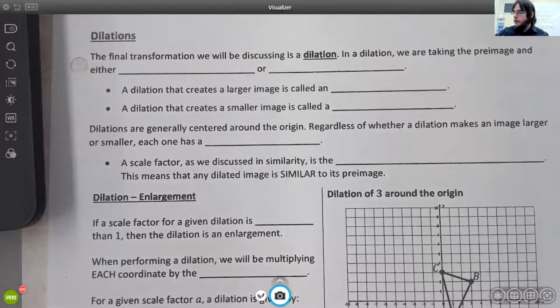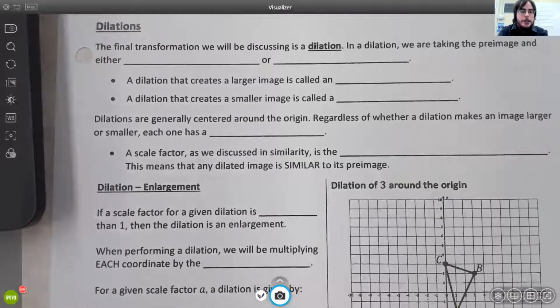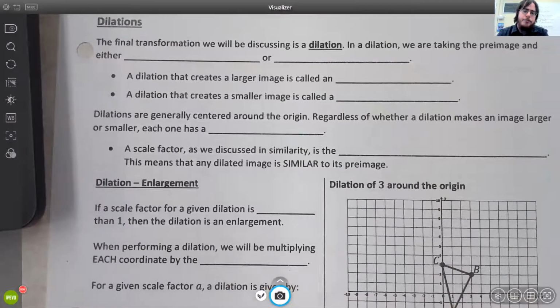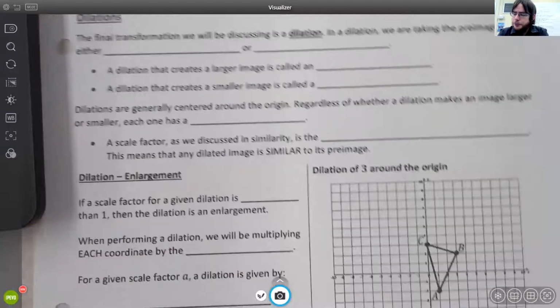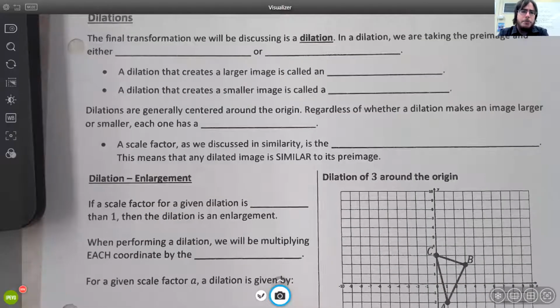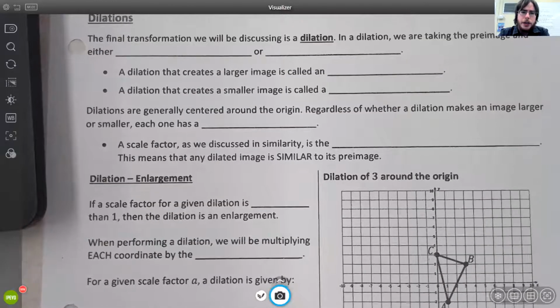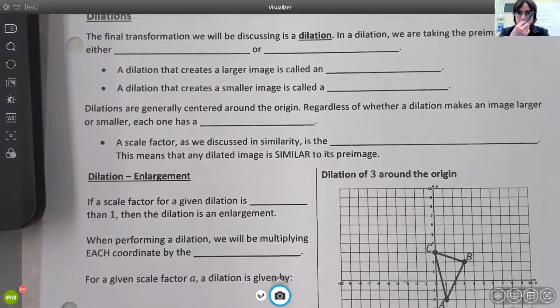Now, if you've ever been to the eye doctor, you're probably familiar with the term dilation, because at the eye doctor's office, they typically dilate your eyes to better examine them and take pictures of your eyes. The same type of concept is used in geometry with figures in the coordinate plane.